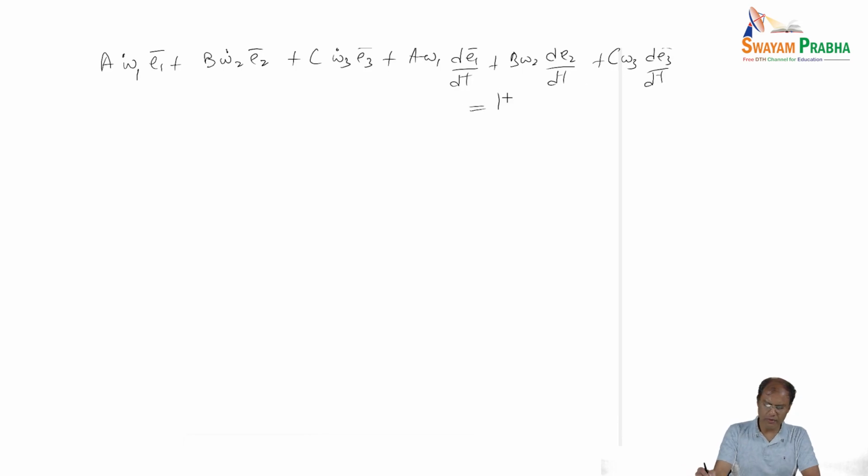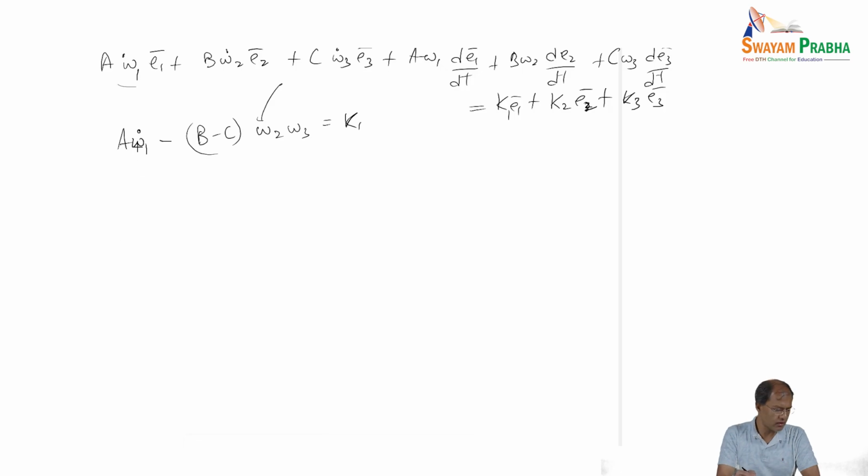And this is going to be equal to K1 E1 plus K2 E2 plus K3 E3, where we are looking at the general torque, and K1, K2, K3 are its components. If we look at each component of this giant equation, we get A omega 1 dot minus B minus C, omega 2 omega 3, equals K1.